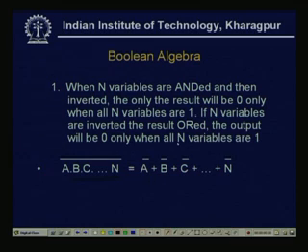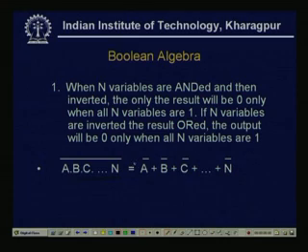In this case, the case is reversed, meaning the result will be 0 only when every variable of these n numbers will be 1, because only that is the situation of the AND gate. When all the inputs are 1, the output will be 1, and then it is the complement.